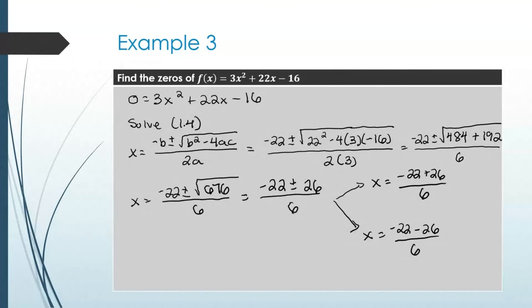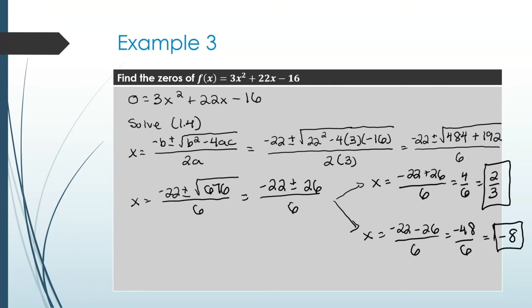For the first one, negative 22 plus 26 is 4. So I get 4 over 6, which is equal to 2/3. And that's one of my zeros. And then in the second equation, negative 22 minus 26 is negative 48, and negative 48 divided by 6 is negative 8. So that's my second zero.